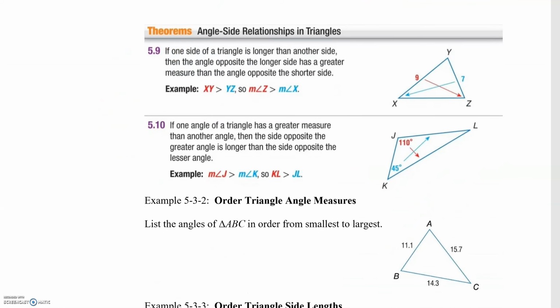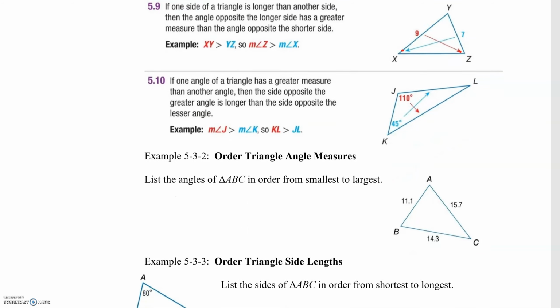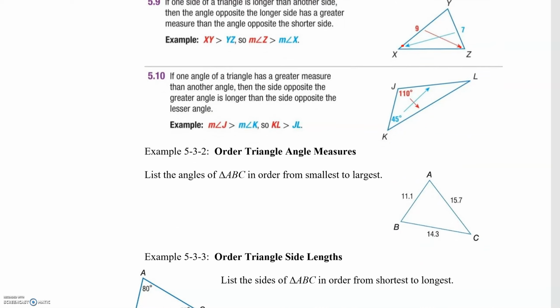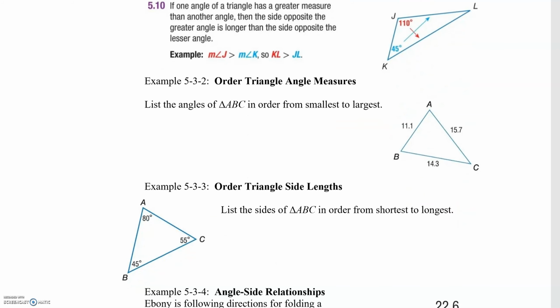So the side relationships: the longest side is across from the largest angle, and the shortest side is across from the shortest, or smallest, angle. And vice versa, the biggest angle is opposite the biggest side. So let's take a look at this triangle ABC here. We want to go from smallest to largest angles.